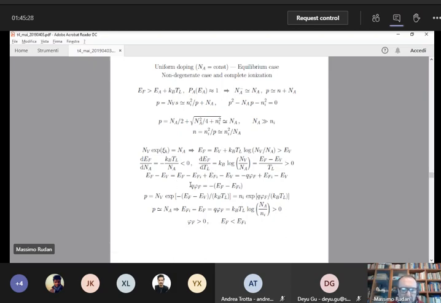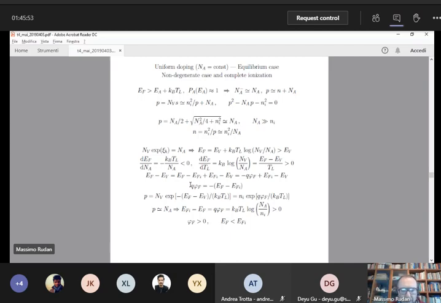We introduce the Fermi potential. The definition is identical to the other case. It's just the displacement of the Fermi level with respect to the intrinsic one, with a minus, divided by the electric charge.